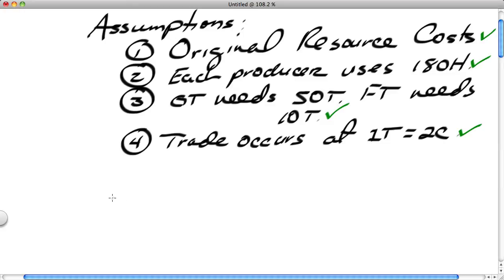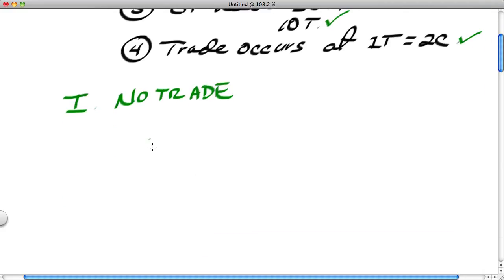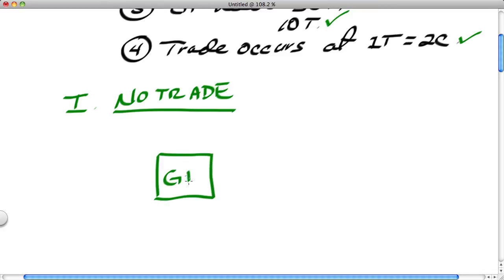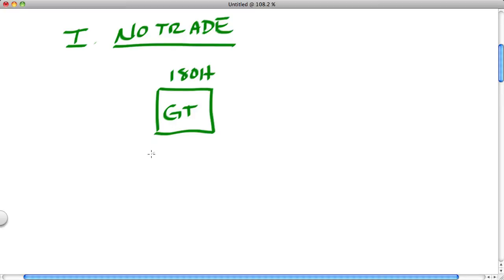So we begin the problem with the no trade scenario. Under the no trade scenario, each producer will have 180 hours of labor to make both corn and tomatoes. Greenthumb, having 180 hours of labor, can produce either corn or tomatoes or both. With 180 hours, Greenthumb can produce 90 units of corn.